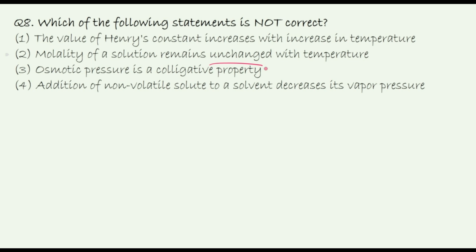That is also true. And the last option, addition of non-volatile solute to the solvent decreases the vapor pressure, because fewer solvent molecules are available at the surface to evaporate. Correct. So this is also correct, this is also correct. What about the first one? As I told you, Henry's constant, the KH value increases with temperature.